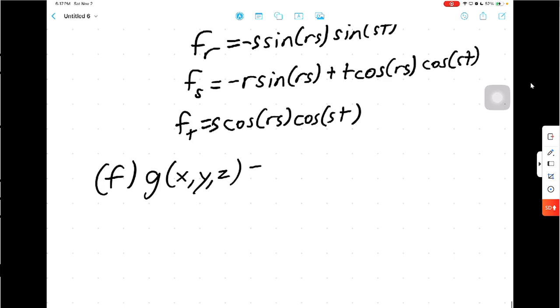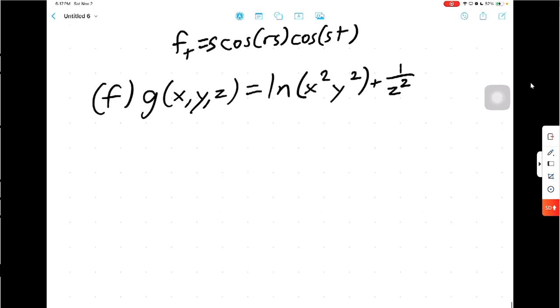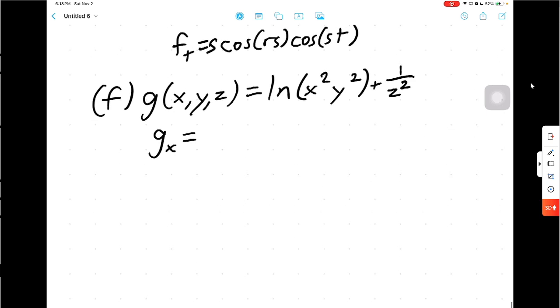g of xyz is equal to ln of x squared y squared plus 1 over z squared. Gx is equal to 1 over x squared y squared times the derivative of the inside, which is 2xy squared. This is a constant. So we get 2 over x.